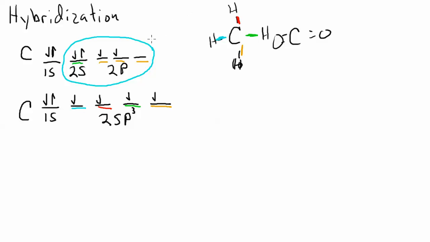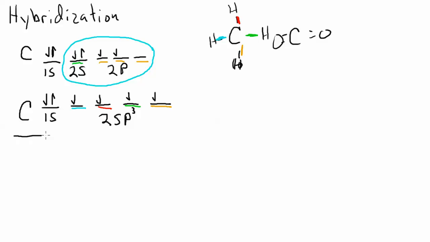And because 3 p orbitals combine with an s orbital, these hybrid orbitals are called sp3 orbitals. So that's basically what hybridization is. It's a combination of orbitals that are at similar energy levels to create equal orbitals by combining the 2 different kinds.